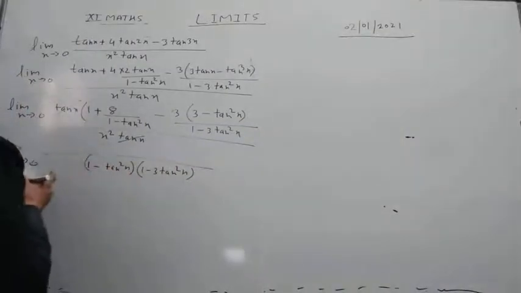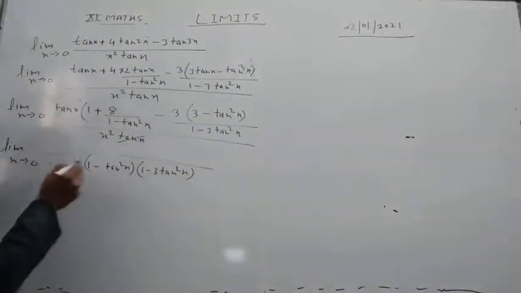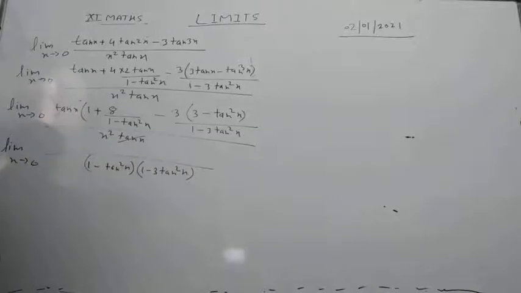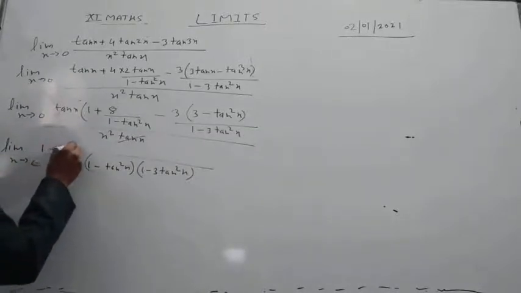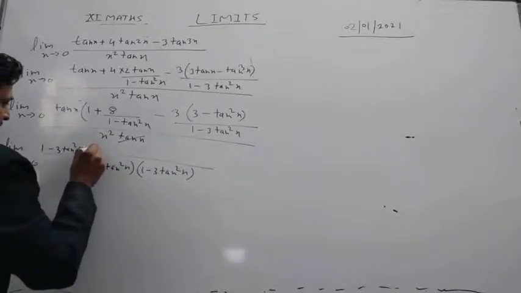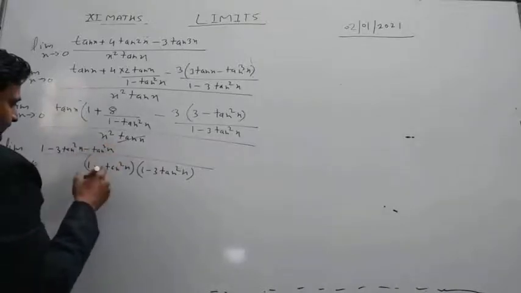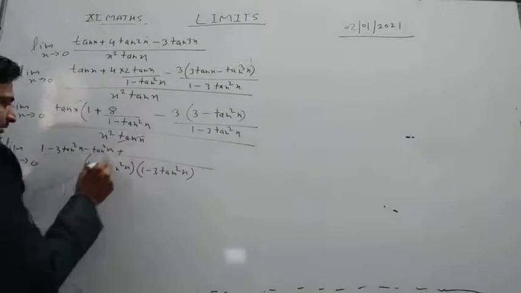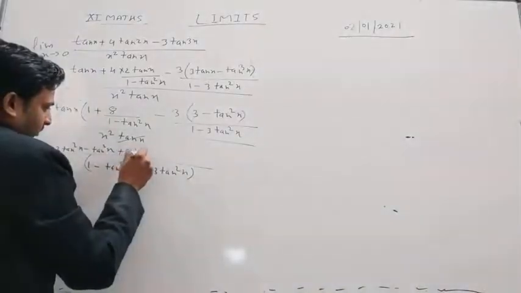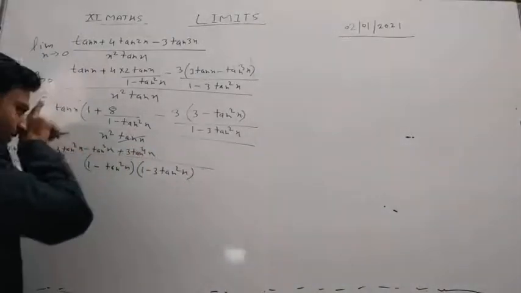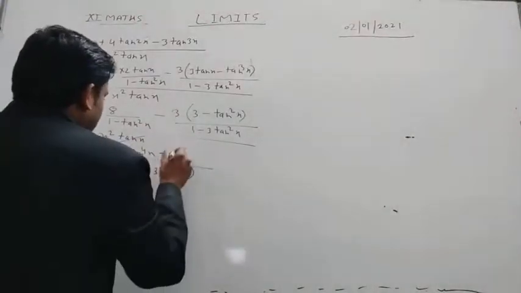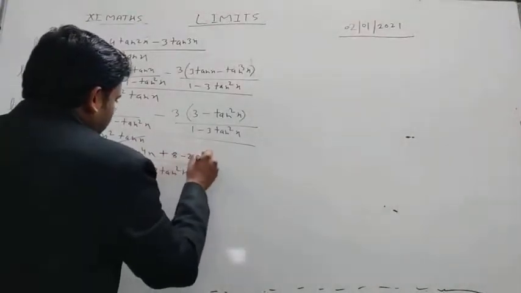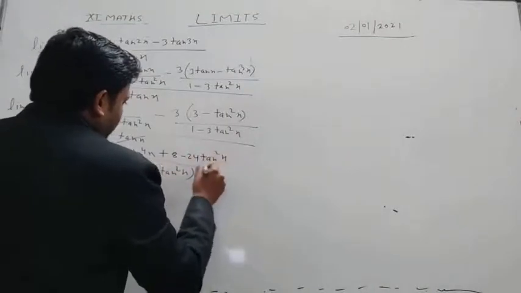We get here (1 minus 3 tan square x) and minus tan square x plus 3 tan to the power 4 x, and this part will be cancelled. Multiplying with this part we get 8 minus 24 tan square x.